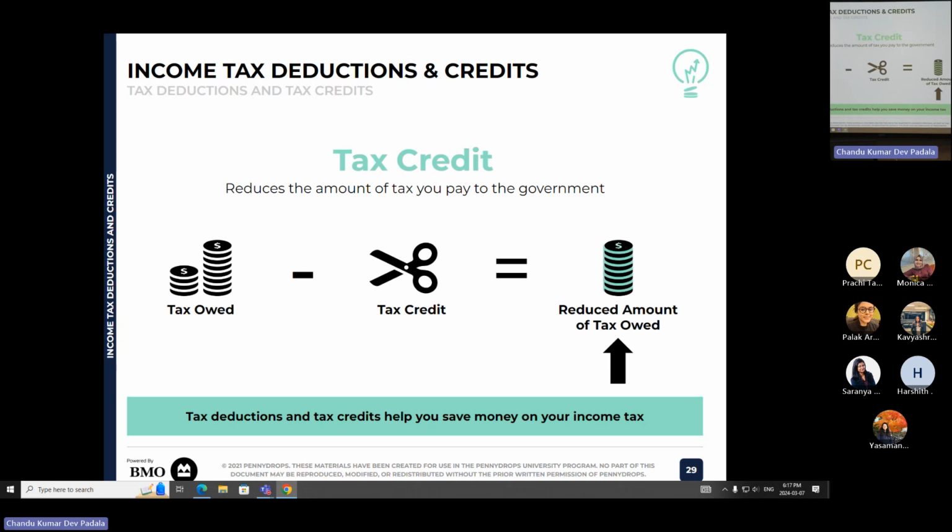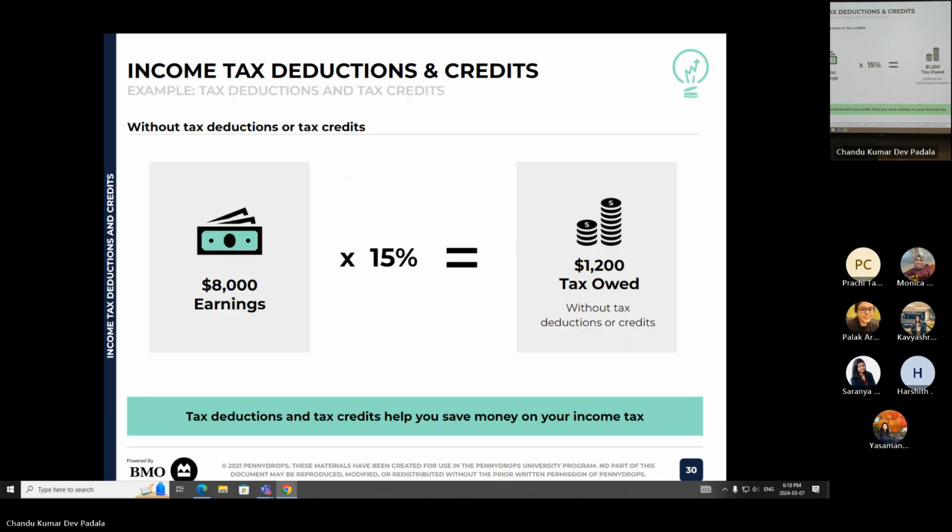For a tax credit, you have taxes owed minus the tax credit, and that's the reduced amount of tax that you owe at the end. Okay. So, for example, if you have $8,000 in earnings, and we'll say a tax percentage of 15%, then you'll owe $1,200, right? Without any deductions or credits, that's the initial number.